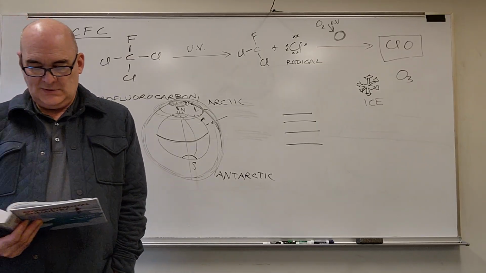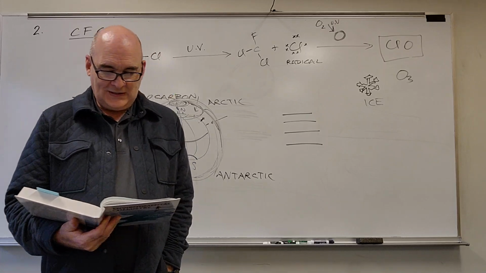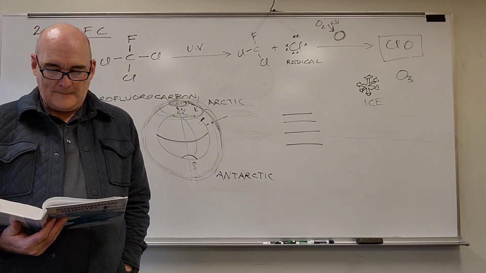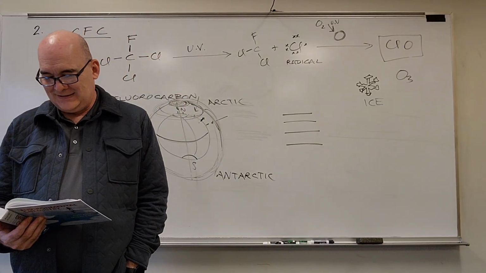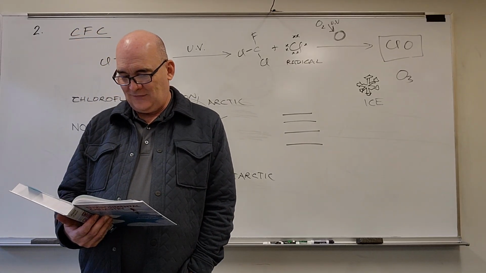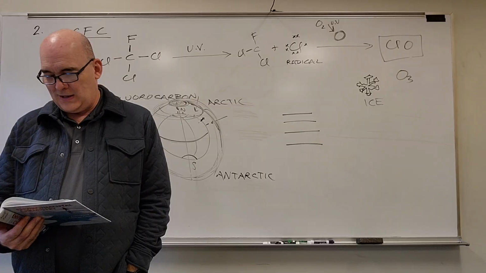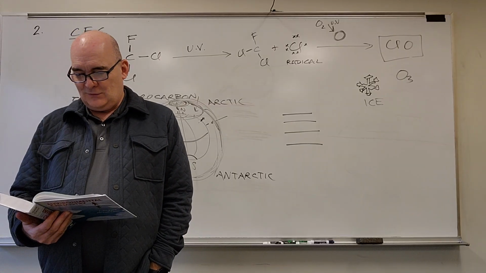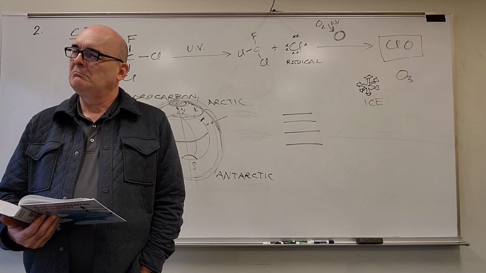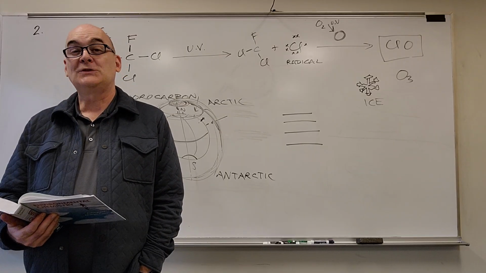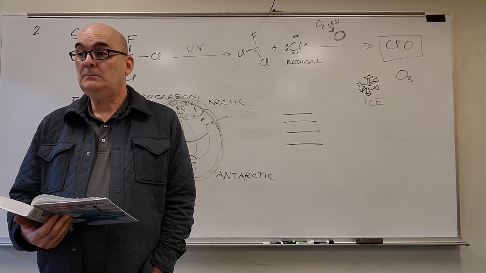1 Dobson is equivalent to 0.01 millimeters of pure ozone at the density that it would possess if it were brought to ground level at 1 atmosphere and 0 degrees Celsius. Yeah, so for gases... Oh, no, 25 degrees Celsius.